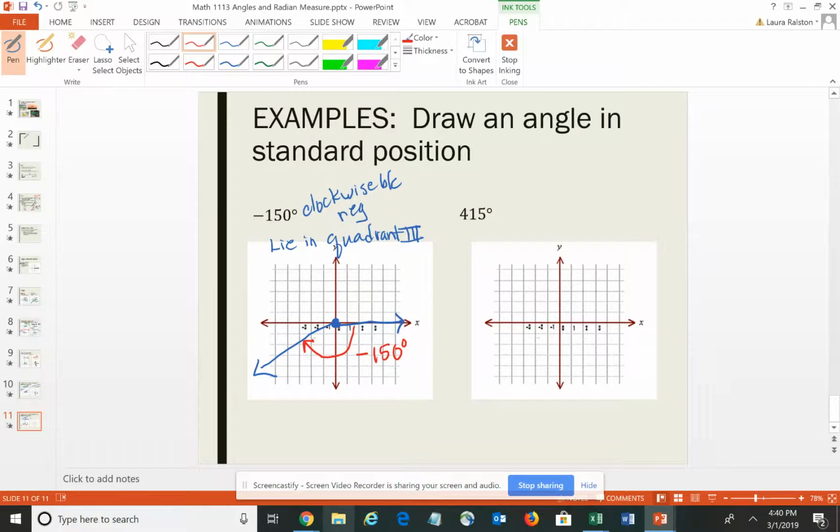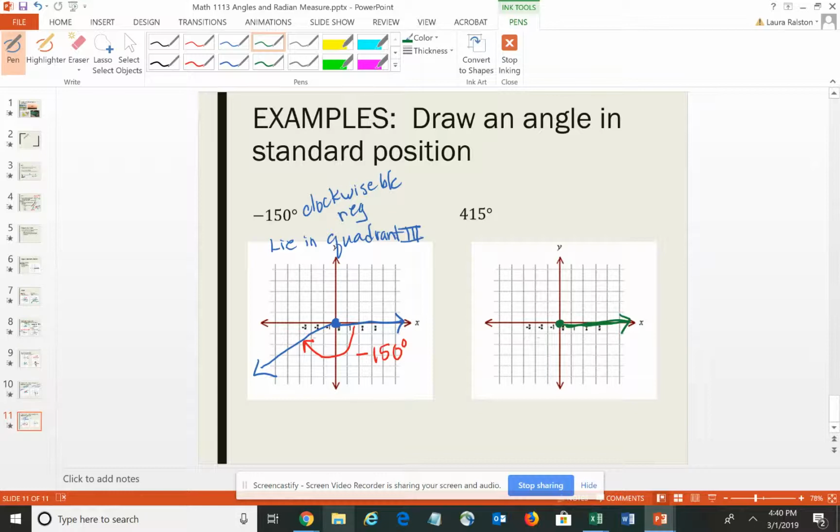The next one may seem a little odd. It asks you to draw the measure for a 415-degree angle. But remember that a full revolution is 360. So it may help me here because you have your initial side, and since this is greater than 360, that tells me that I've gone a full revolution around the circle.